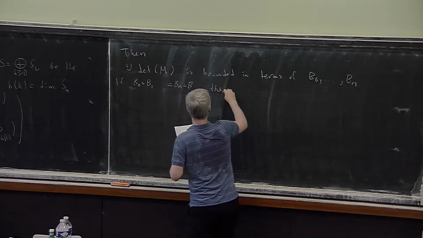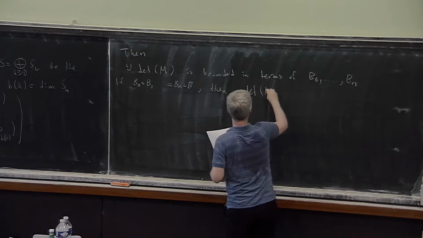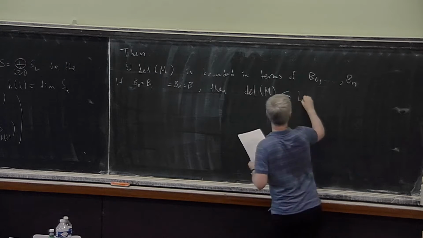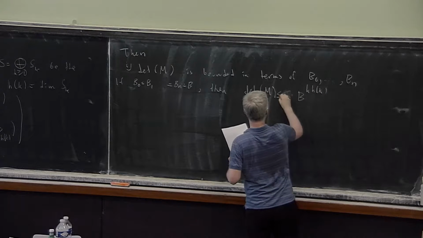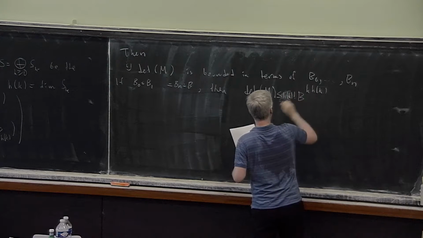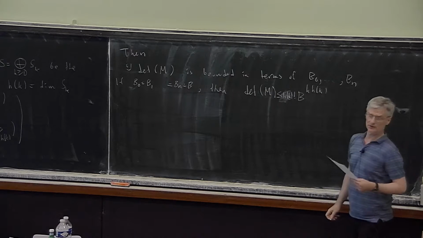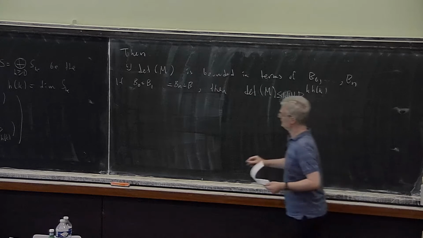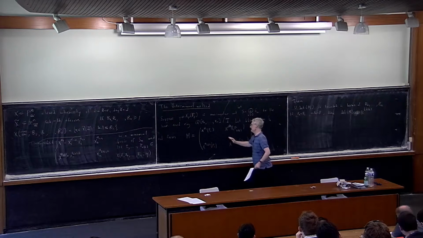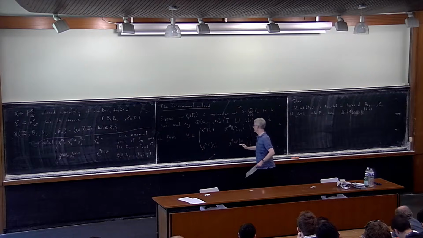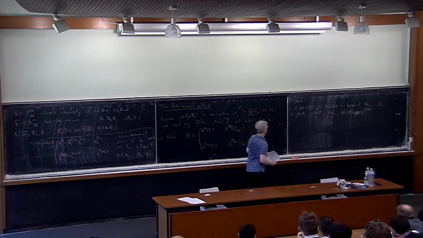Then the determinant of M is smaller than b^k times h_k. Well, you have this h factor as well. You just use the definition of determinant, and each product here you can estimate, each factor is just b^k, and then you get, of course, this.